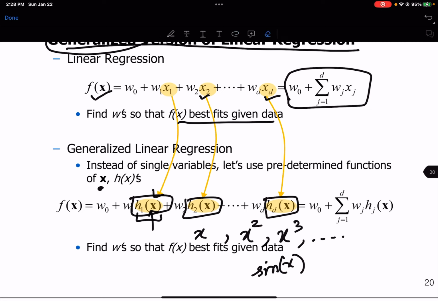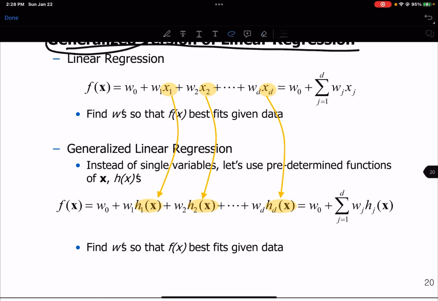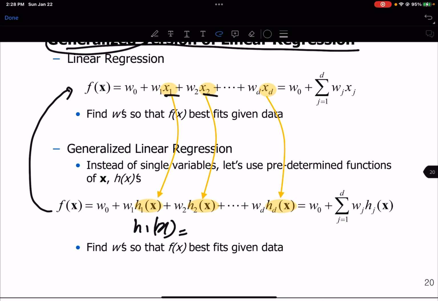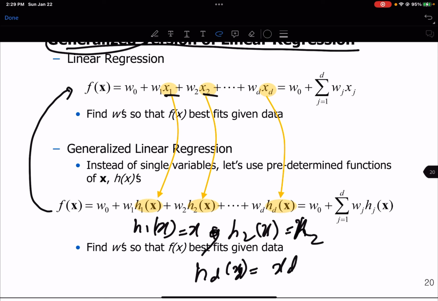This h of x could also cover the linear regression variable form, where h1 of x could be x, h2 of x could be x squared, hd of x could be x to the power d, of course multiplied by factors w1, w2, up to wd.